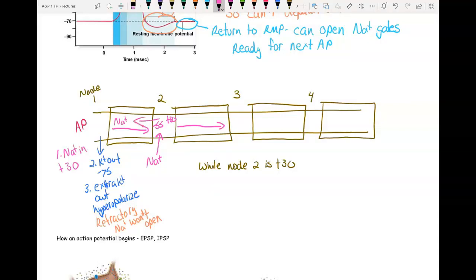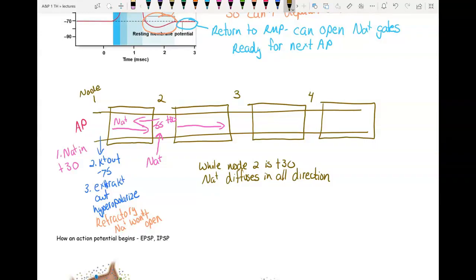And it's going to try to come back and raise the voltage in node 1. Think of a lamp. When you turn on a lamp, light spreads out from the lamp in all directions.